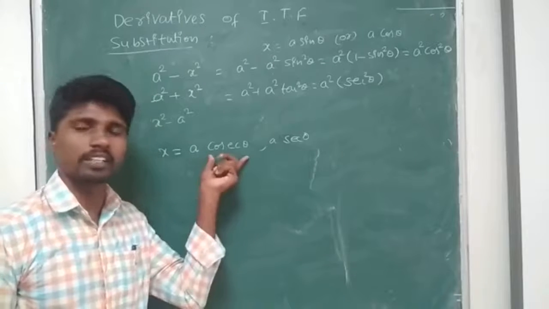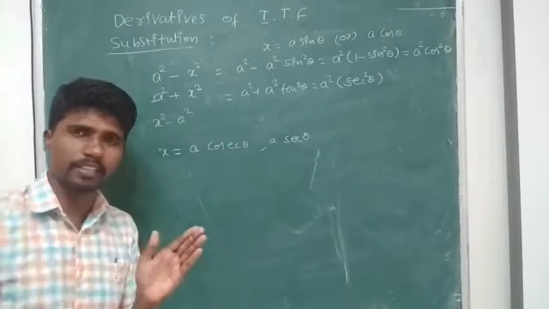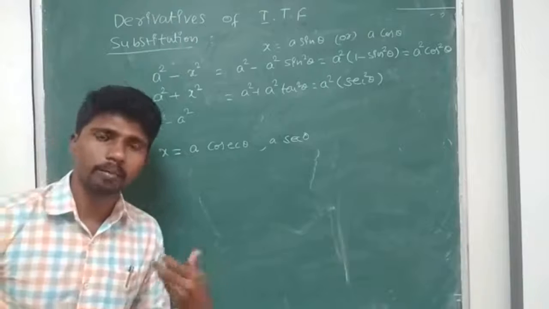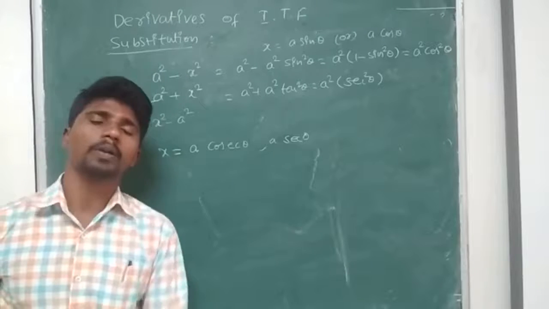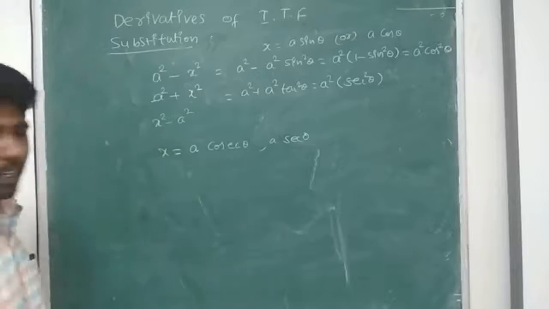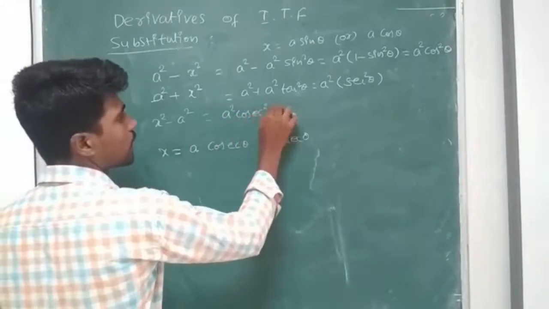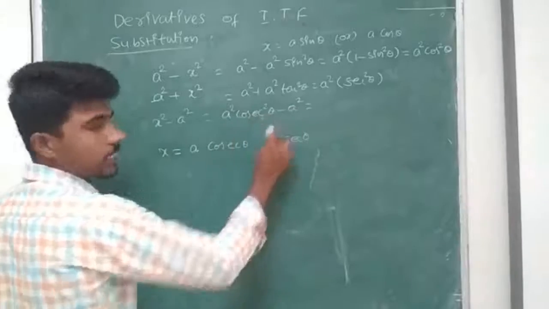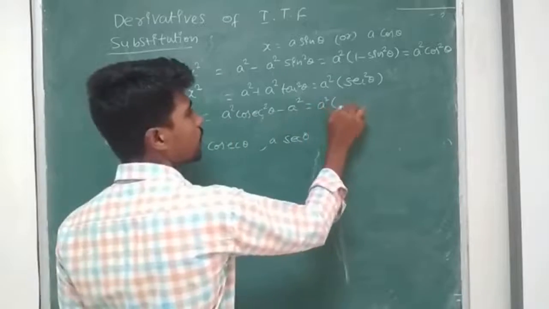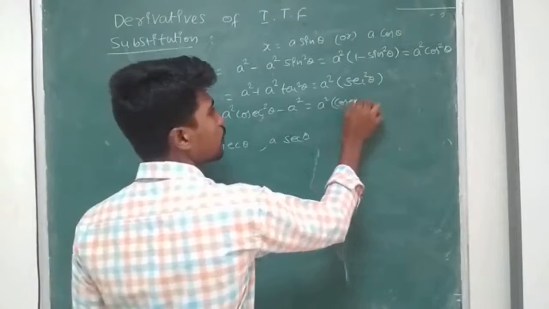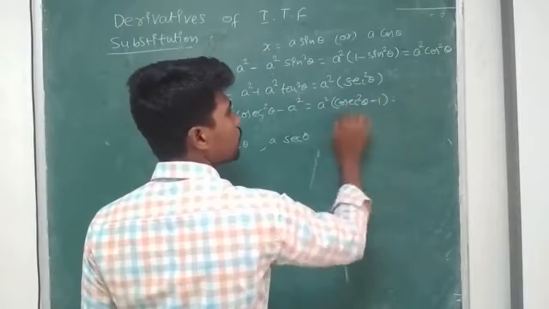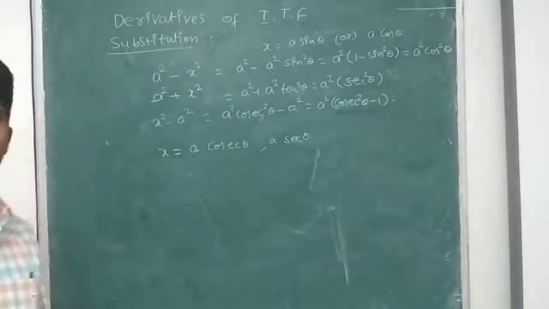See, if I use cosecant theta, with the help of the identity, cot square theta can be related as cosecant square theta minus 1. So if I substitute that, I get a square cosecant square theta minus a square. I take a square common, I get cosecant square theta minus 1, and cosecant square theta minus 1 is cot square theta.